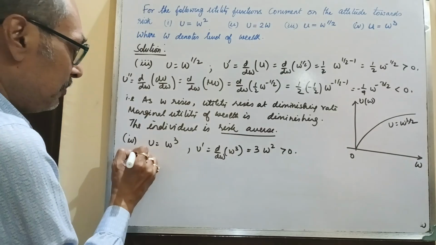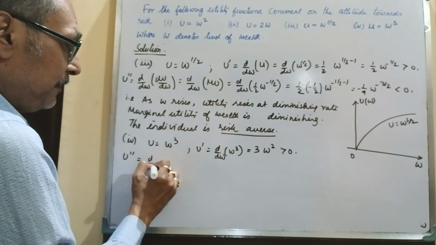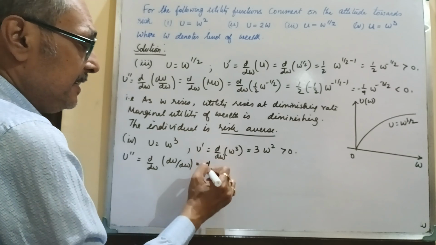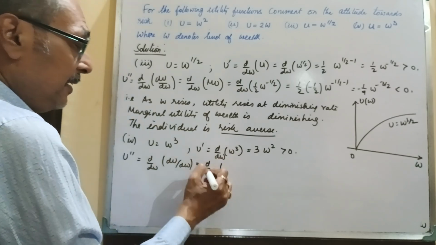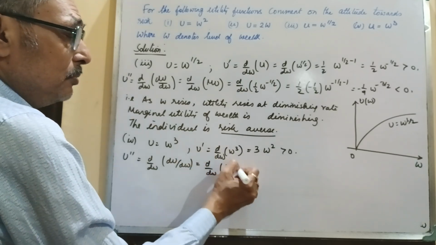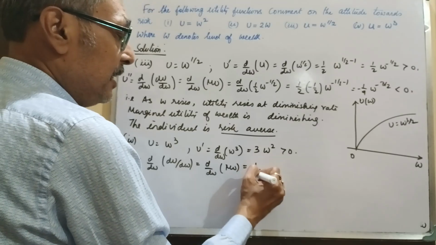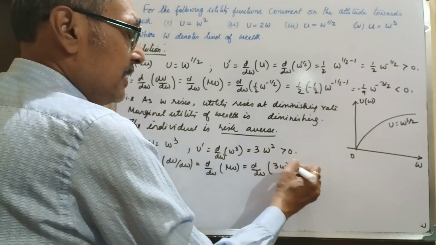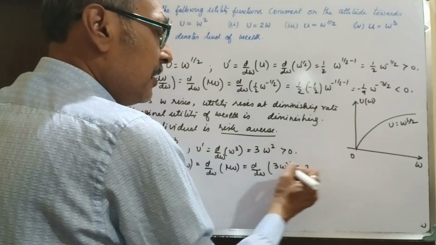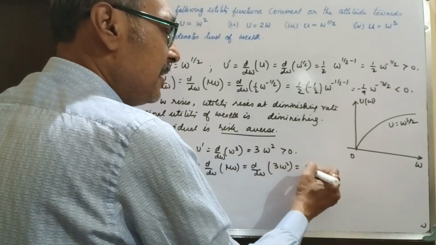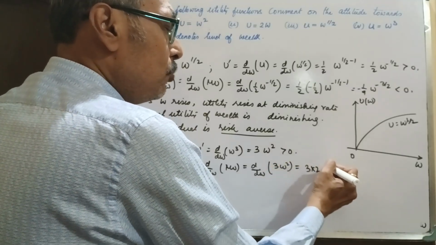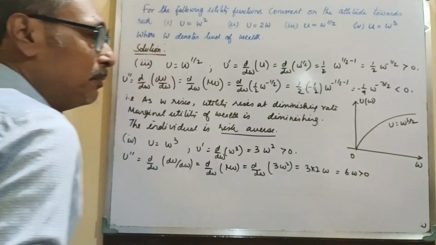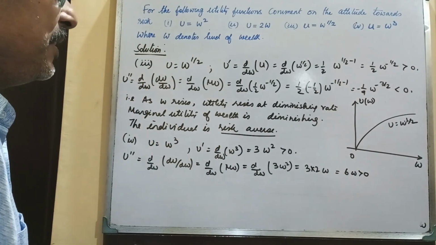And u double prime is d/dw of du/dw, this is d/dw of MU. This is d/dw of 3w squared, which is 3 is constant, 2 comes here, w to the power 2 minus 1, therefore 6w, which is greater than 0, w is positive.